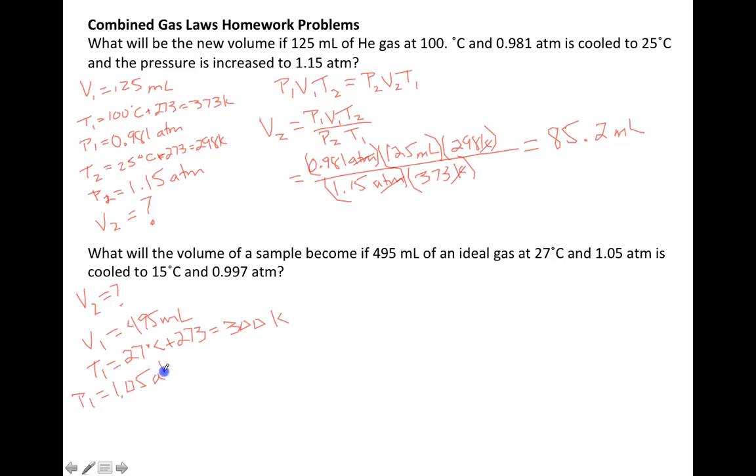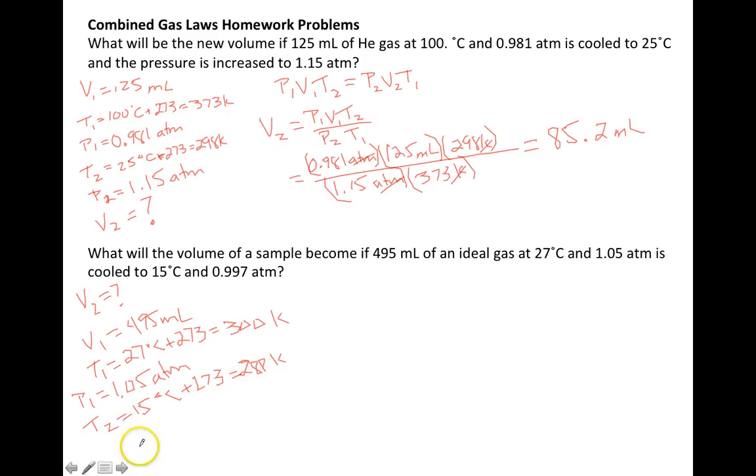1.05 ATM. And it's going to be cooled down to a new temperature of 15 degrees Celsius, and that is with Kelvin, so plus 273 will result in 288 kelvins.